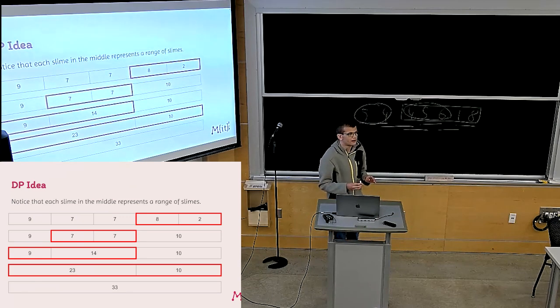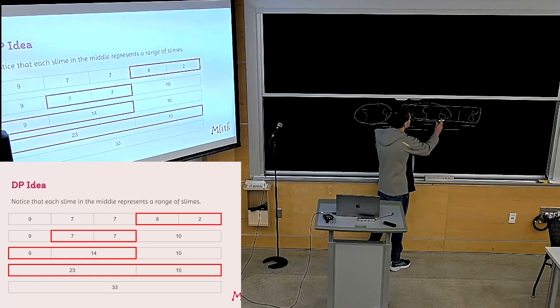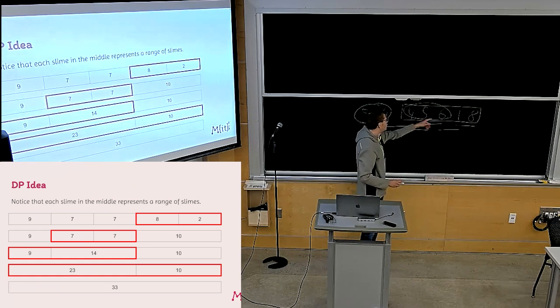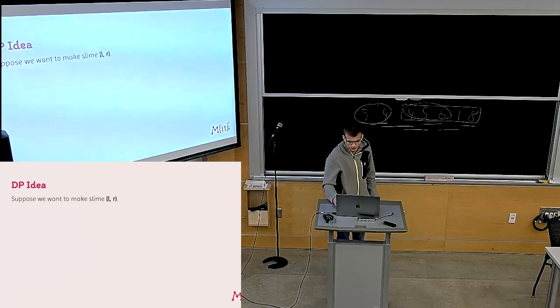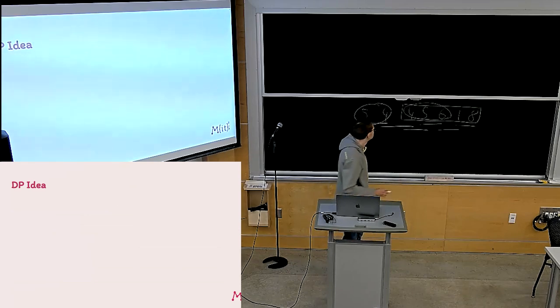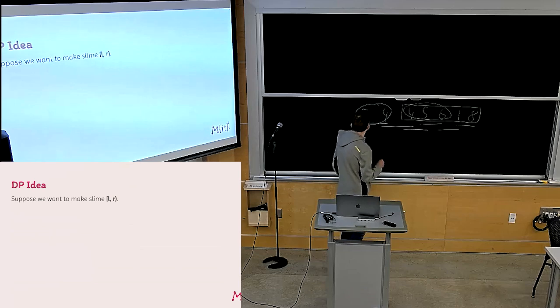So then it corresponds to that range in the subarray. Our state will be: we will compute for every subarray the minimum cost to merge all of the slimes in that subarray. Actually, I can do it on the board.